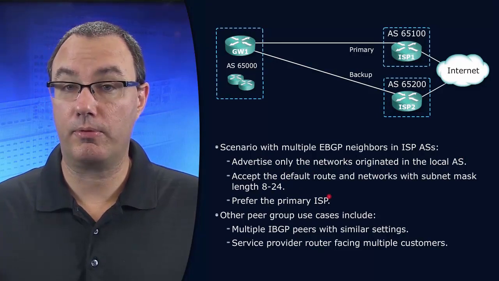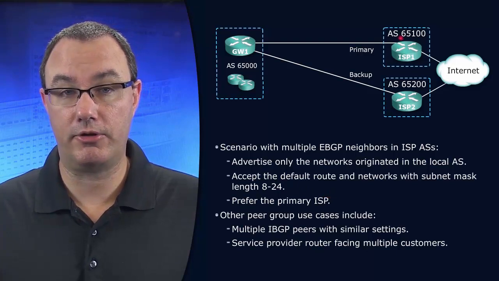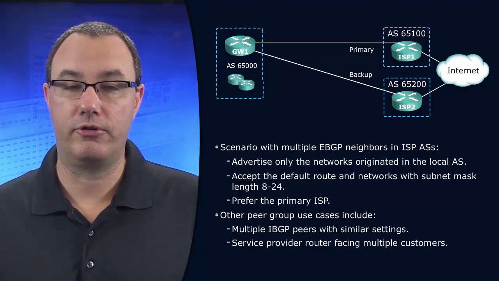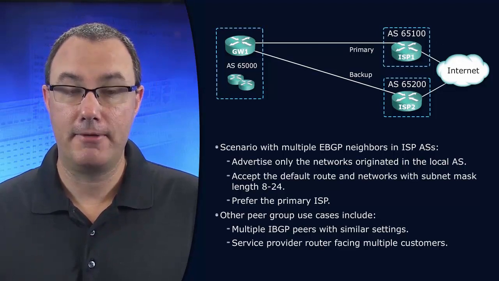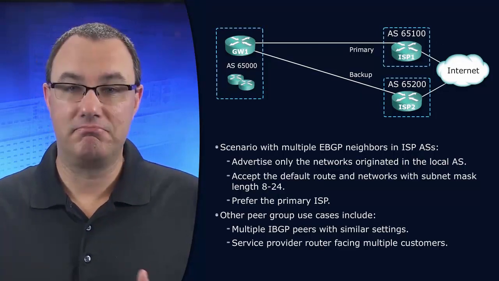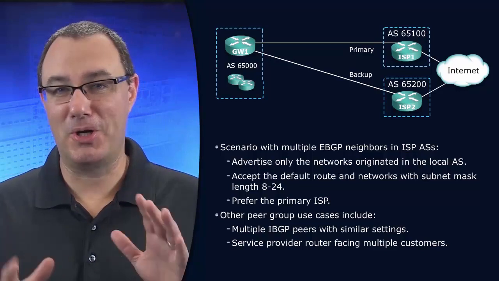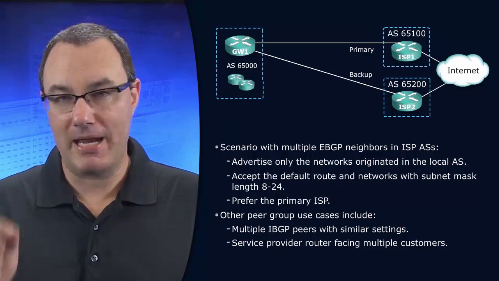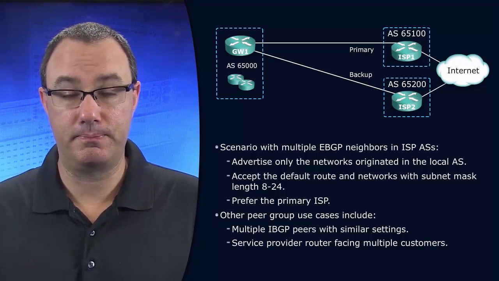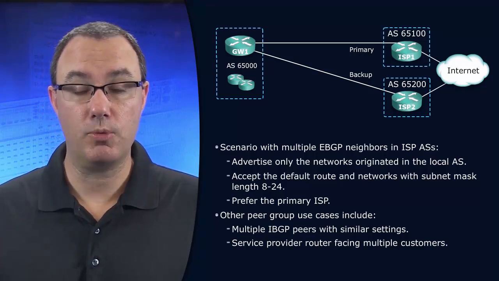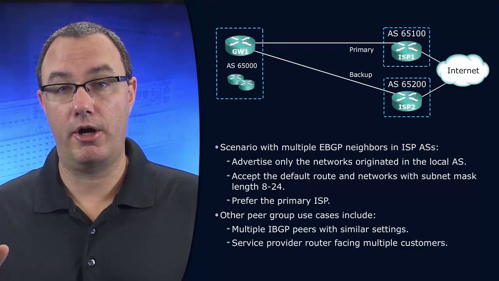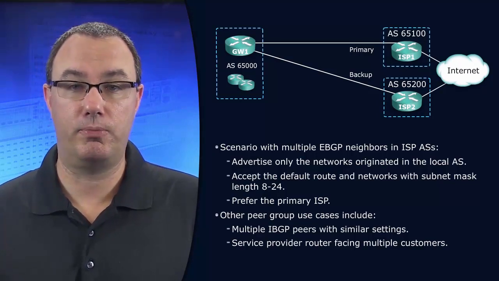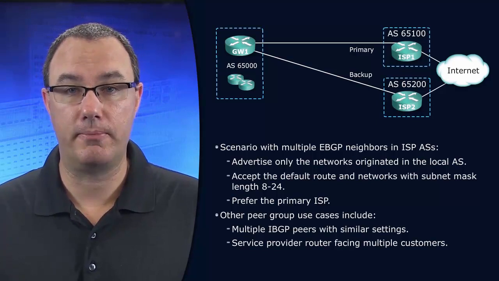And then prefer the primary ISP, which we accomplished by setting the local preference of all of their routes to 150. Peer groups made it a little bit easier, arguably, but don't mistake the main purpose in life for a peer group, which is to reduce the overhead of BGP on your routers by only having to perform the calculations once per peer group.